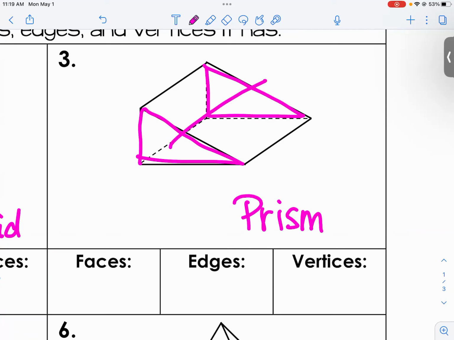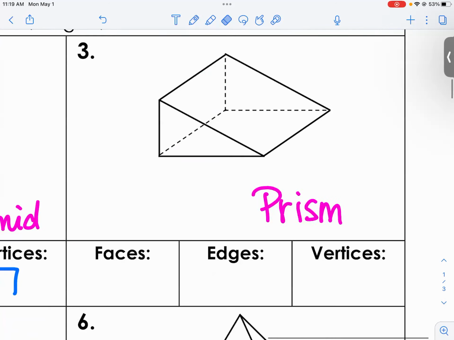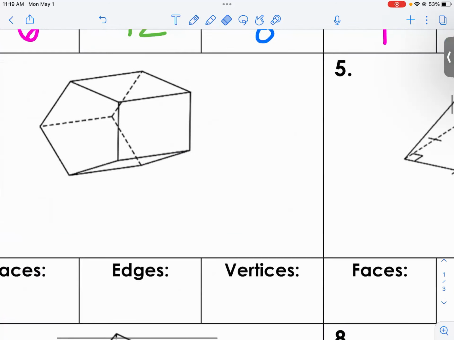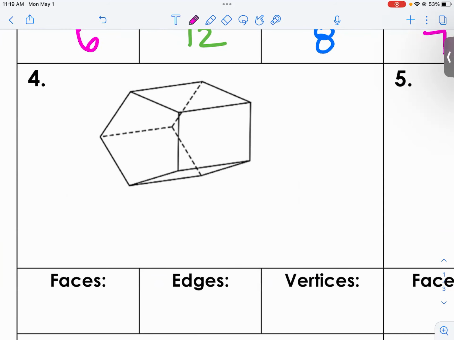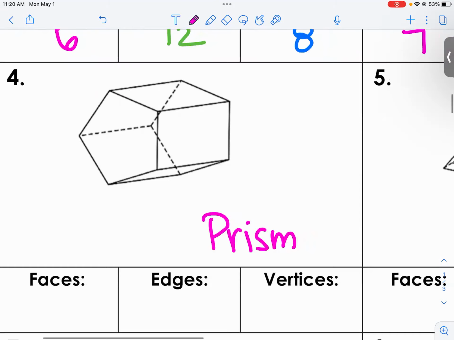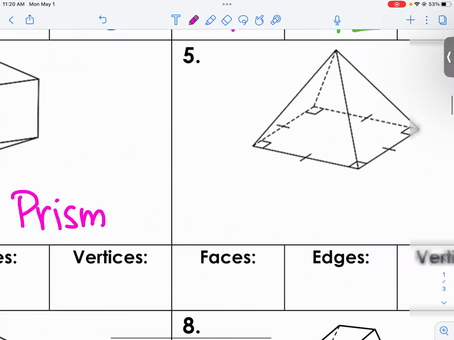In number 4, Bronson, is this a prism or a pyramid? That's a prism. What are the bases? Rectangular. No, they're a pentagon. This is a pentagonal prism.